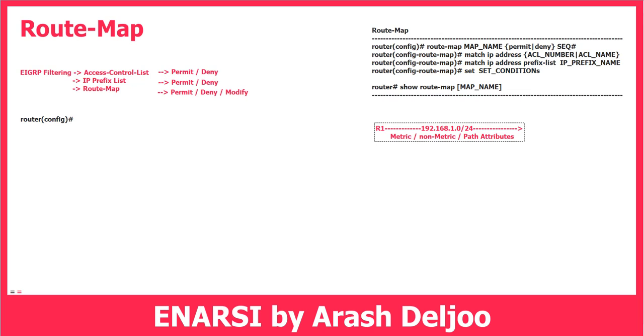But in future features of EIGRP, you will use the benefits of the roadmap. In the concept of EIGRP filtering, the functionality of the roadmap is limited to permitting or denying the routes. But in other features, we will use other functionalities of the roadmap.